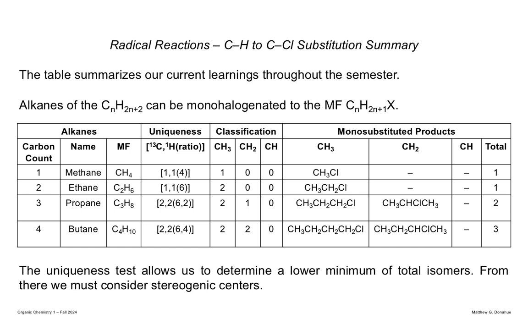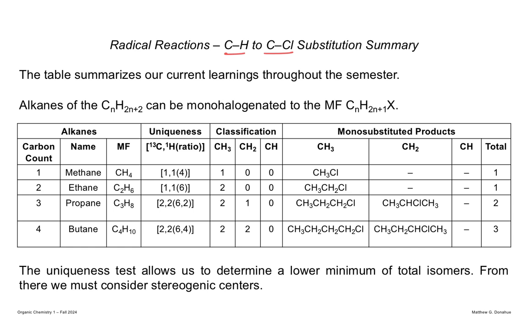How do you know which carbons are special carbons that have different attributes? In the first part of this, we're talking only about CH to C-chlorine. We'll get into the other halogens in a bit, but initially it's just for chlorine. This table summarizes what we've learned so far in the semester.